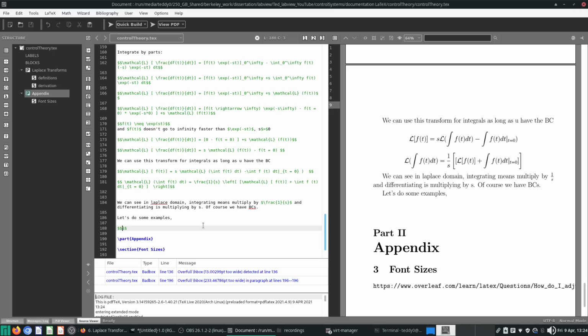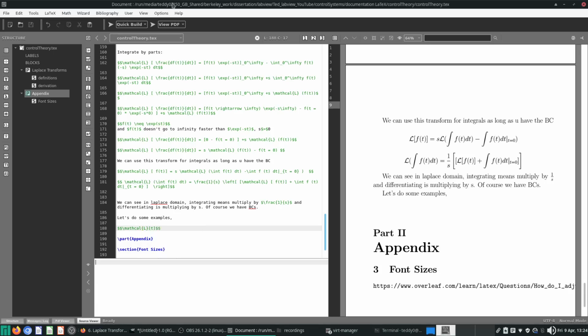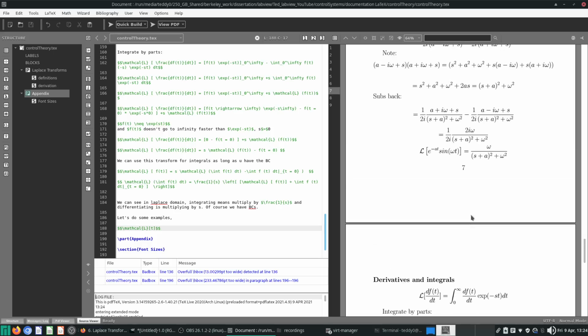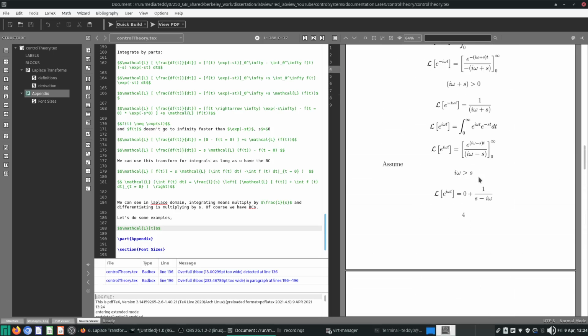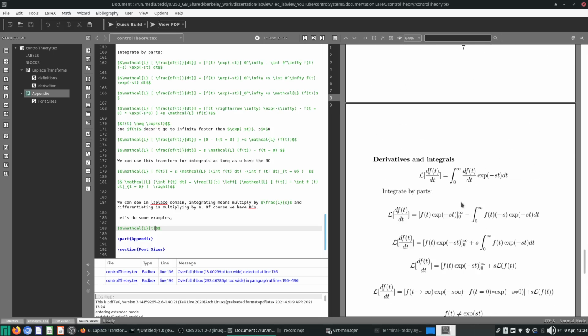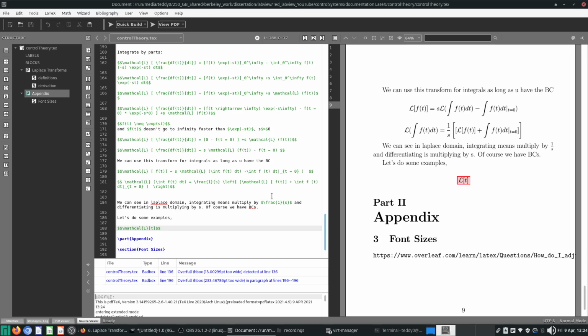What is the Laplace transform of t? There are a few ways to do this. We can substitute t back into this original definition of the Laplace transform and just do it from scratch, which of course I don't really want to do.